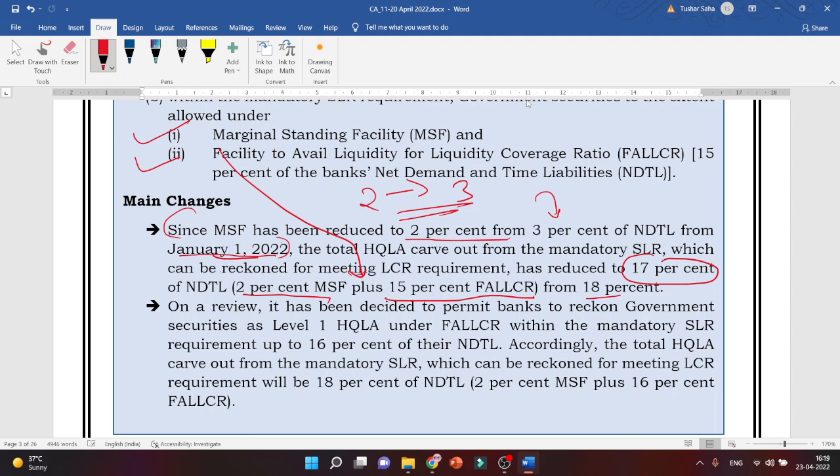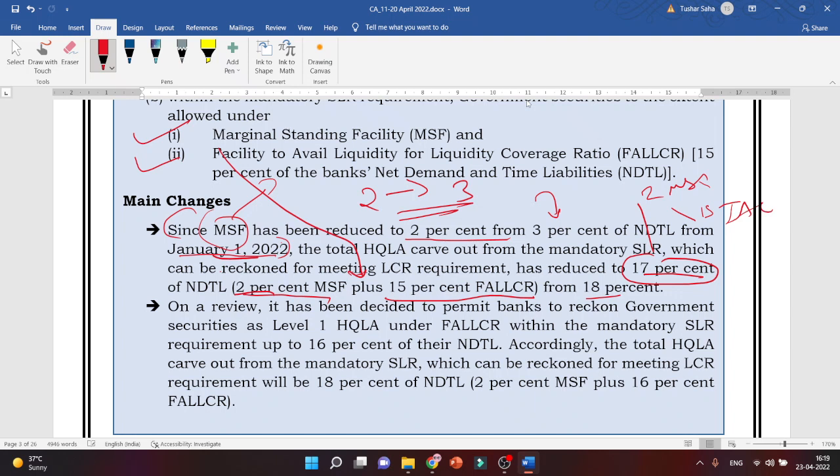Why? Because this MSF adds up to the HQLA, right? That we have already seen. So from 18%, it had been reduced to 17%, and the breakup of 17% is 2% of MSF and 15% of FALCR, right?